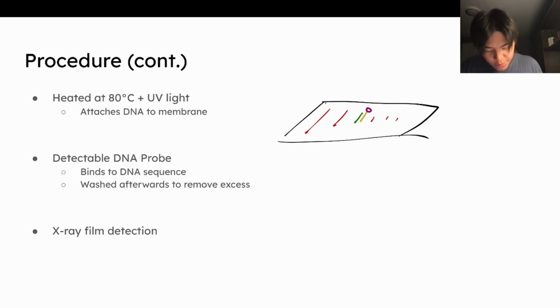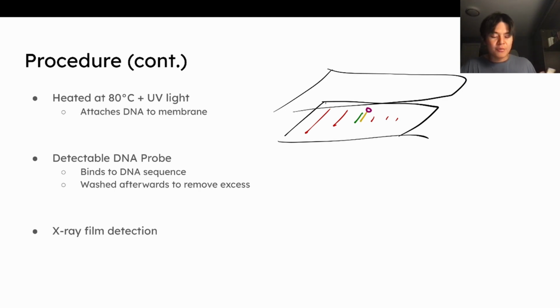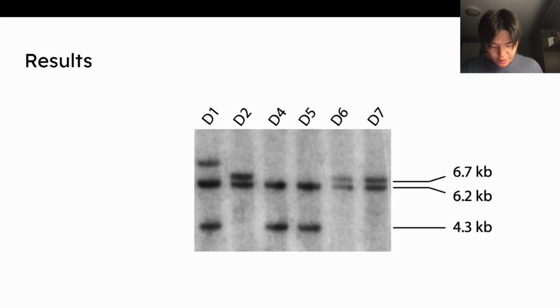Basically what we do here is we have an X-ray film. We blast this with X-ray rays, and then if we have a white spot, that means we had this marker. And I'll show you some pictures of the results. Here they inverted it so that we can see it as black. And we can see in this case, D1 had 3 instances of this sequence.